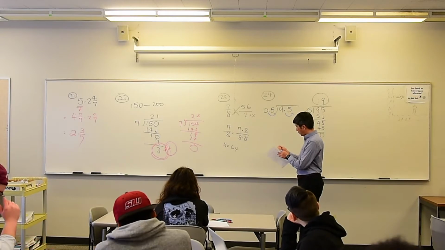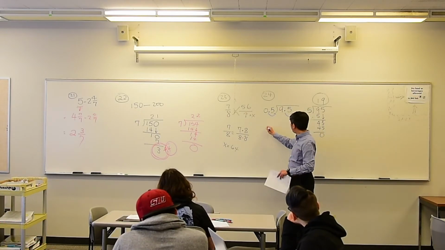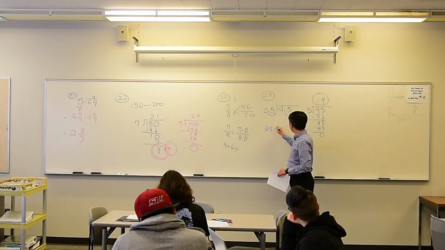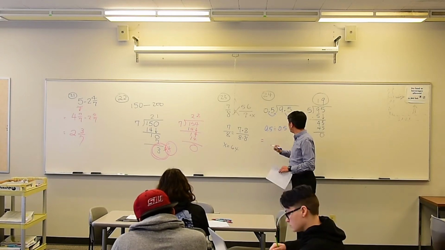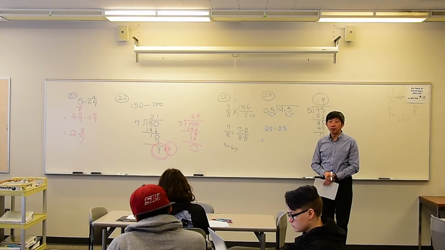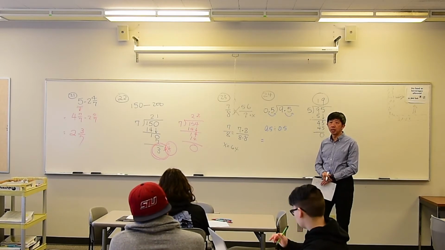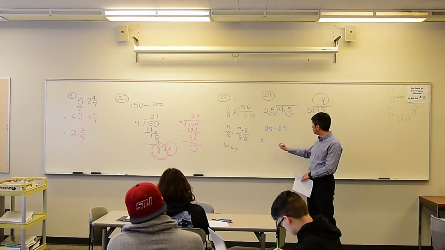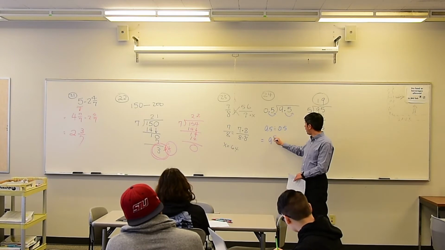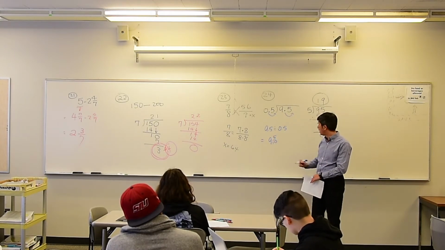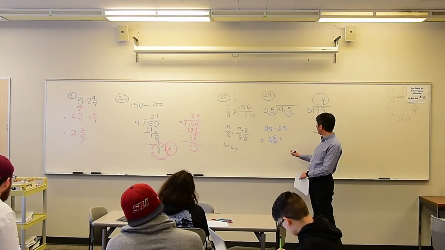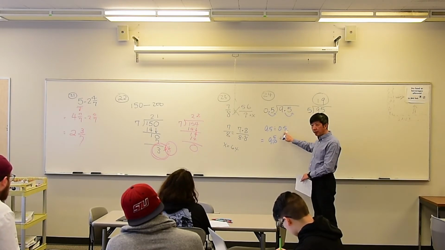When we say 9.5 divided by 0.5, actually what is it? A fraction. Tell me what the fraction means. 95 over 10, is that right? And then divided by what?